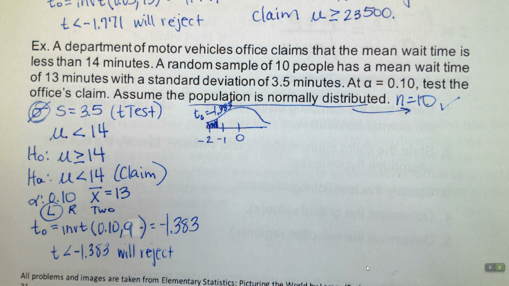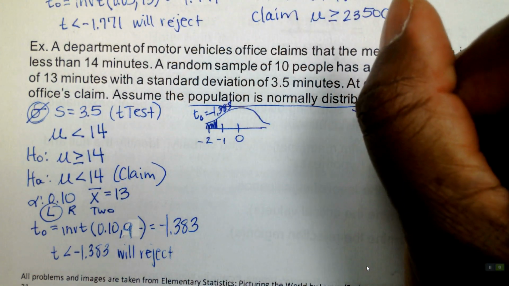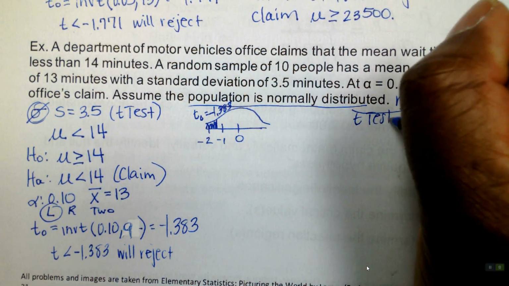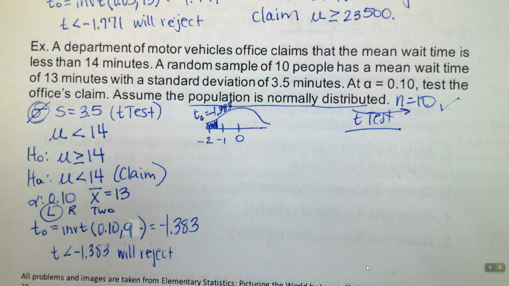Right now we're all ready to run this test. So again, you can run the t-test to get your T and your P. For those who don't like to use the calculator, we can just calculate our T, and we're going to do that in a minute. So t-test, I don't have data, so we're just going to put our numbers in.